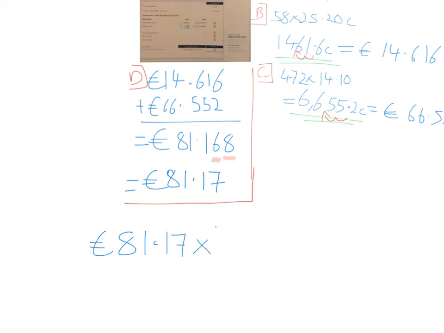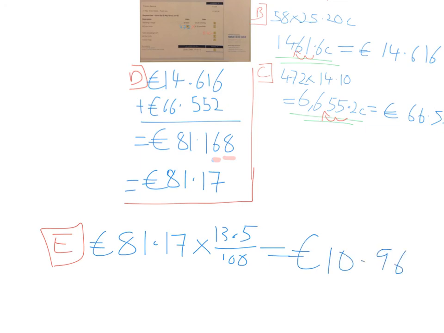So to find 13.5%, we're going to times it by 13.5 over 100. We've turned our percentage into a fraction, and now we multiply it by the number we want to find the percentage of. So the amount of tax we get there is going to be 10.96 euros, or 10 euros and 96 cents. So that's E.